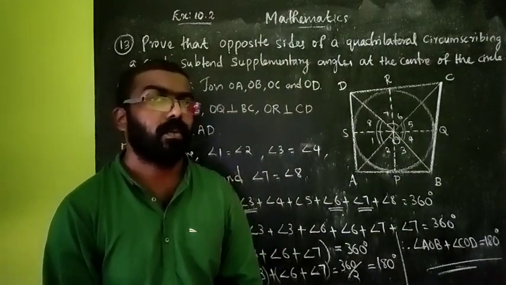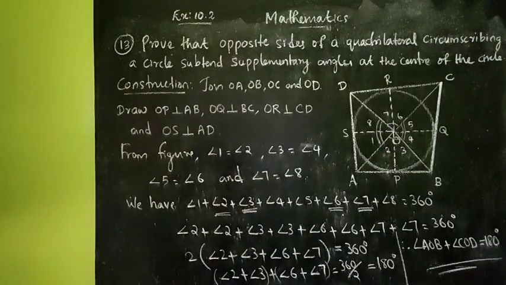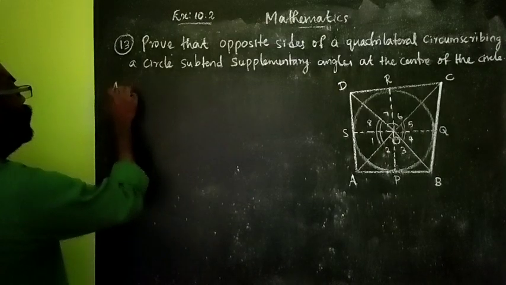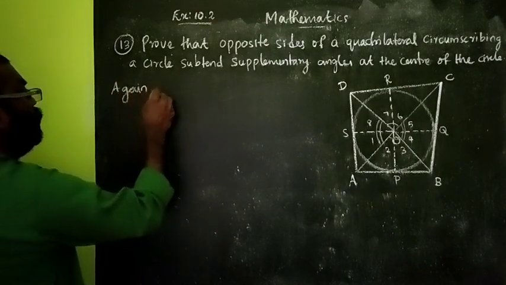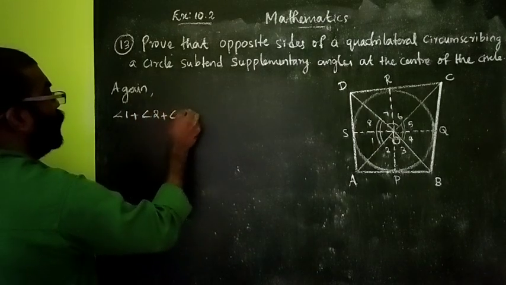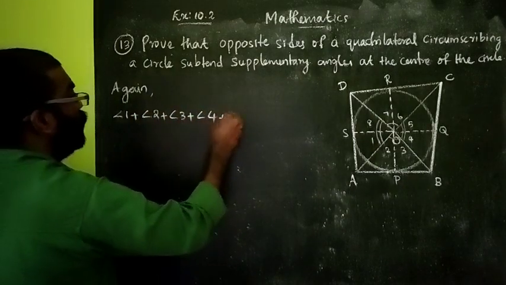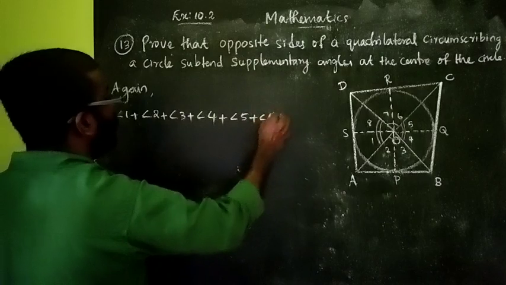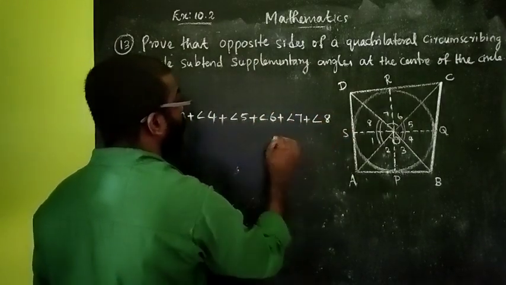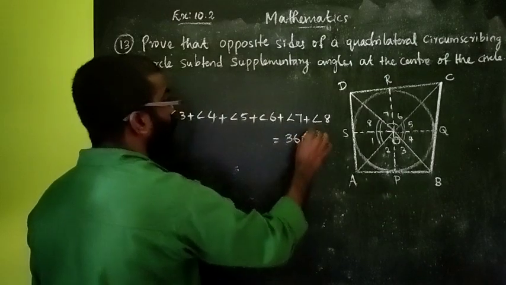Similarly, we can prove the second part. Again, we can consider the same property. Sum of all the angles. Angle 1 plus angle 2 plus angle 3 plus angle 4 plus angle 5 plus angle 6 plus angle 7 plus angle 8, which is equal to 360 degrees.